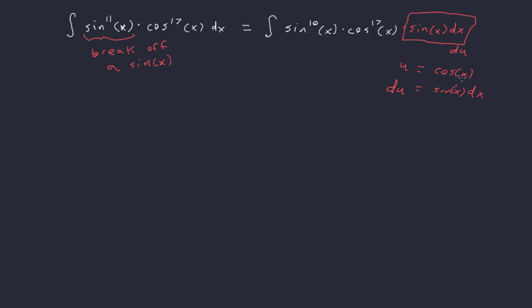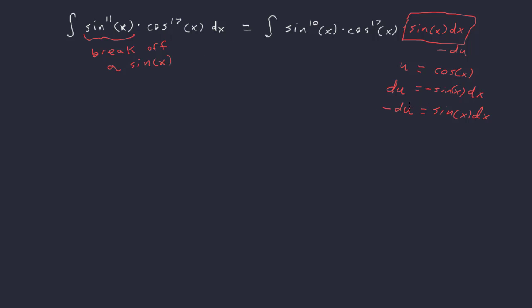I'm probably just going to use a cosine, which would make my du a negative sine, which means all I need to do now is just move that negative over to get negative du is equal to sine of x dx. Okay, so I'm not replacing this with just a du, it will be a negative du. That always happens if you actually break off the sine instead of the cosine.